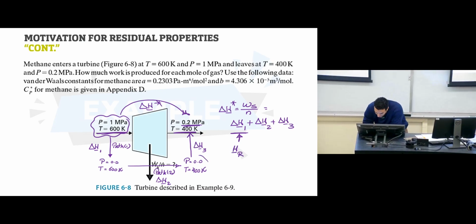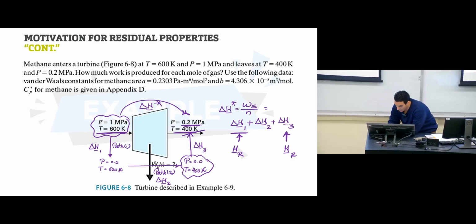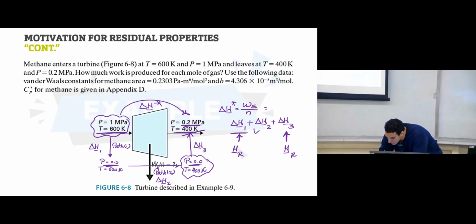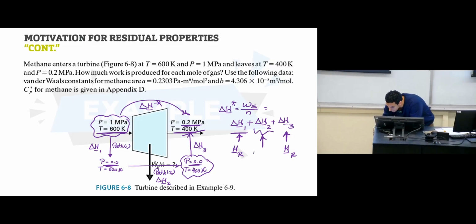Path number 3, again, real condition and ideal condition, so this is also residual property. Path number 2, we have changes happening at constant pressure, and this pressure is very low. So delta H2 can be assumed by ideal gas, and we can say delta H2 for ideal gas is Cp dT, and that's it.